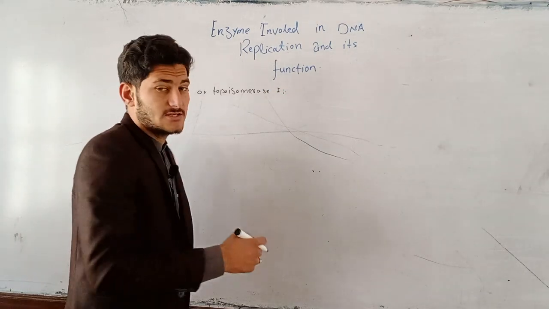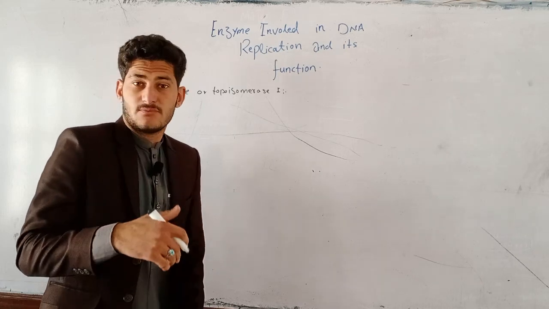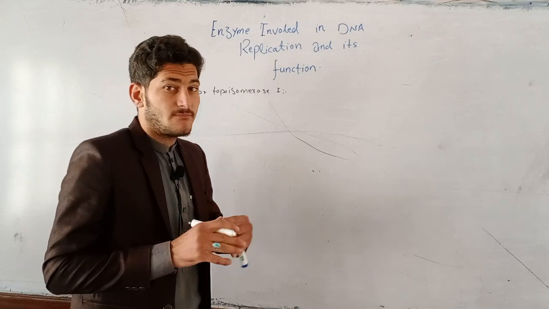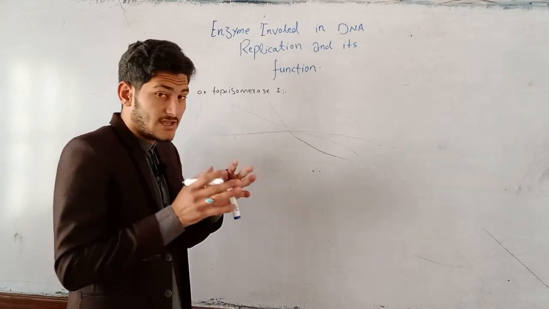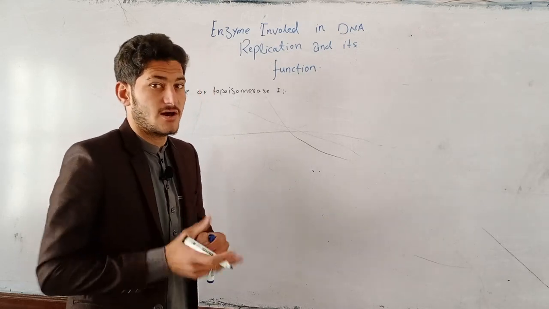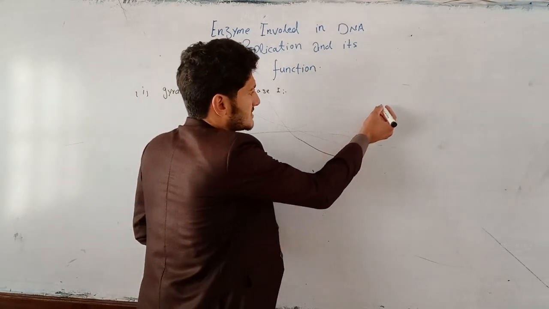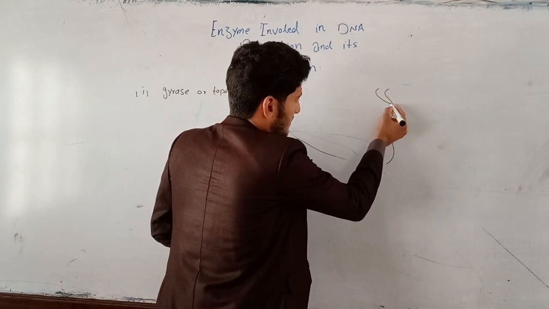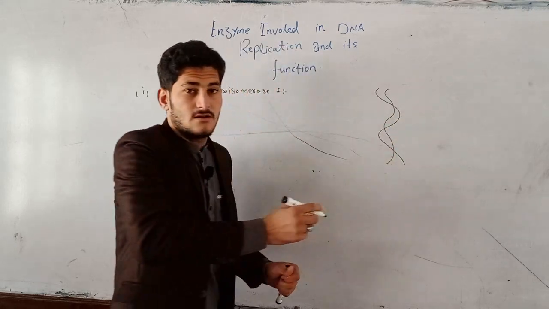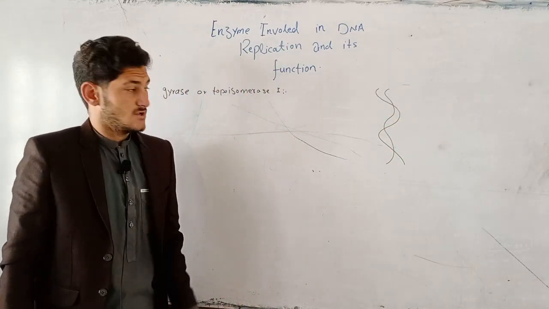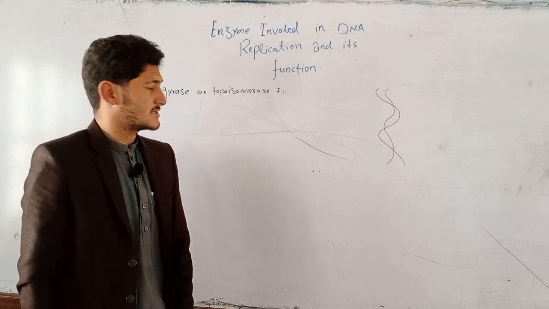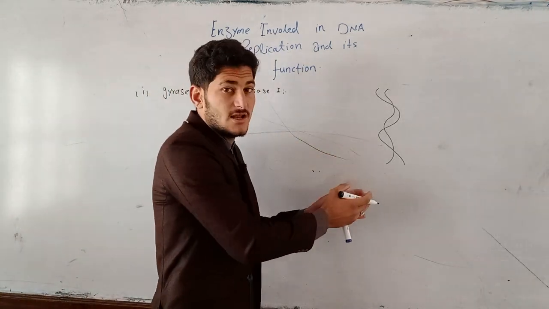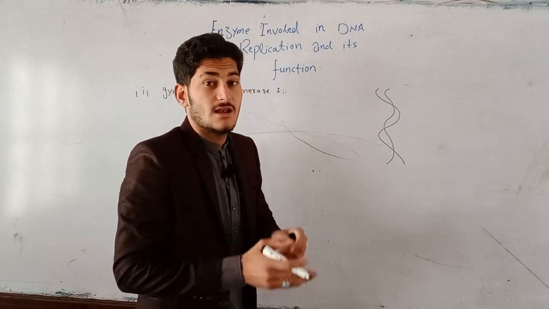We explained that before the process of replication, the DNA is found inside the nucleus in the form of a coil or spherical form. When replication starts, the coiled form of the DNA molecule is converted into a ladder shape.